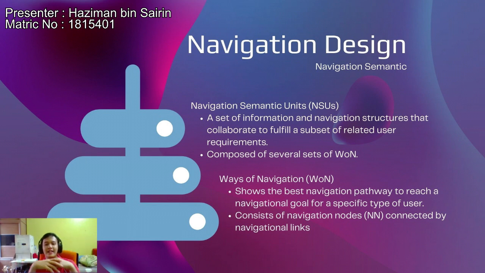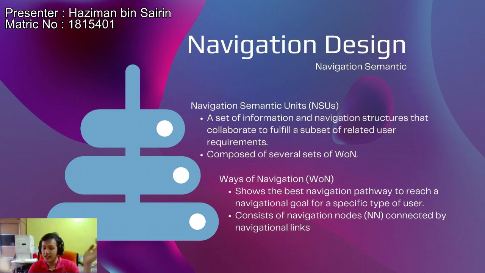An NSU is a set of information and navigation structures that collaborate to fulfill a subset of related user requirements. Usually, these NSUs are composed of several sets of WAN. What is WAN? WAN is ways of navigation. It shows the best navigation pathway to reach a navigational goal for a specific type of user.